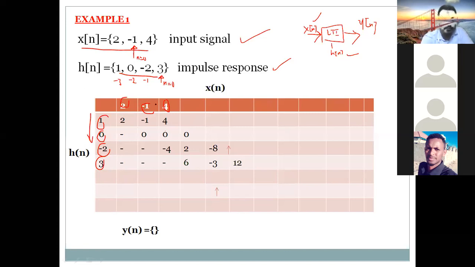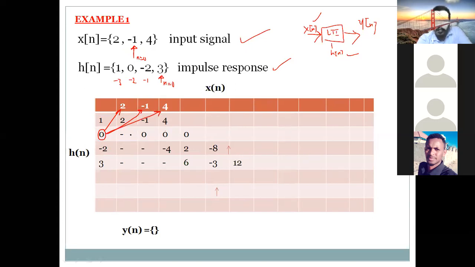Then next, the first impulse sample is multiplied by each input sample. So 1 times 2 is 2, 1 times -1 is -1, 1 times 4 is 4, right? Next, the next sample of h(n), which is 0, is multiplied again by each sample of the input.